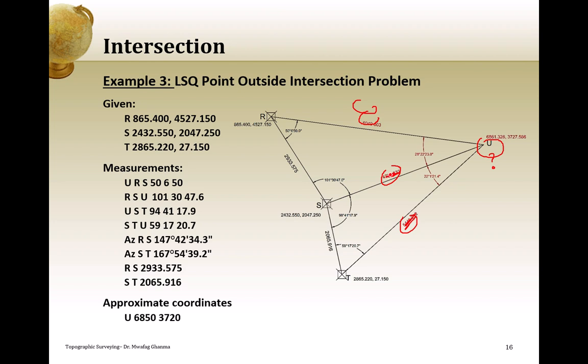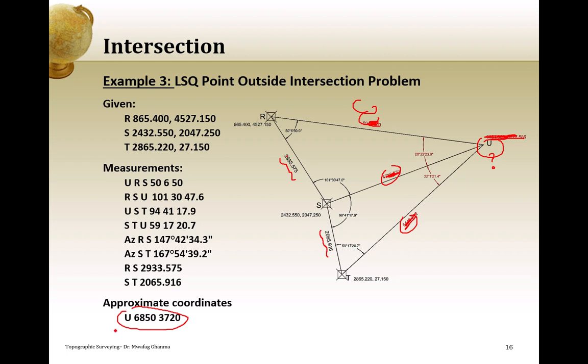If you want in the original problem, we do not have these, and we do not have the coordinates here, and we do not have the lines, the distances here, unless you measure these. So how can we solve this problem? Typical least square problem. First of all, we have to do something.